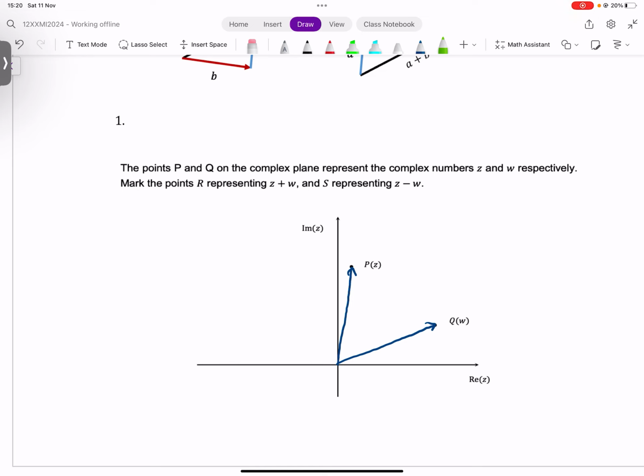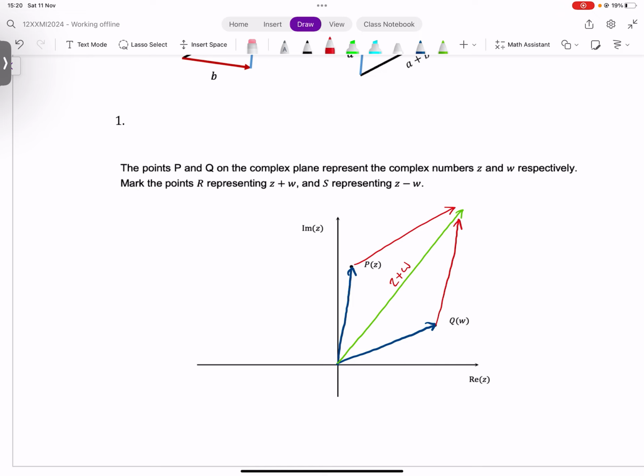Now, z plus w is going to equal that up there. That's by applying our parallelogram law. P will also go here, so z plus w is here. Now, we also know that w is also that vector over here.